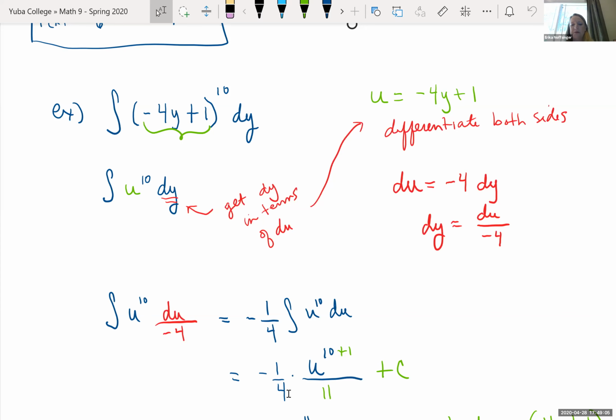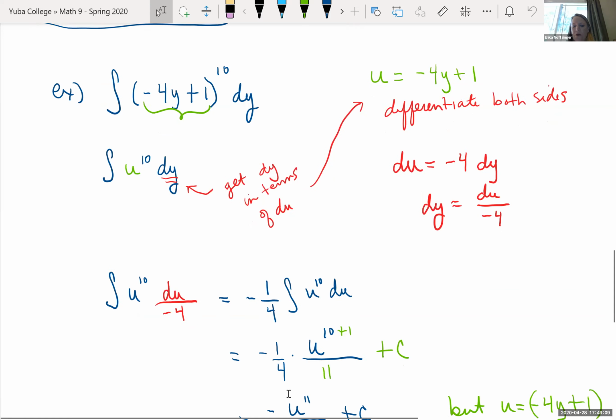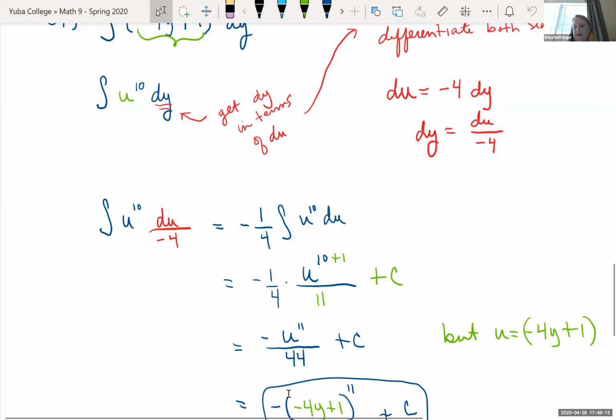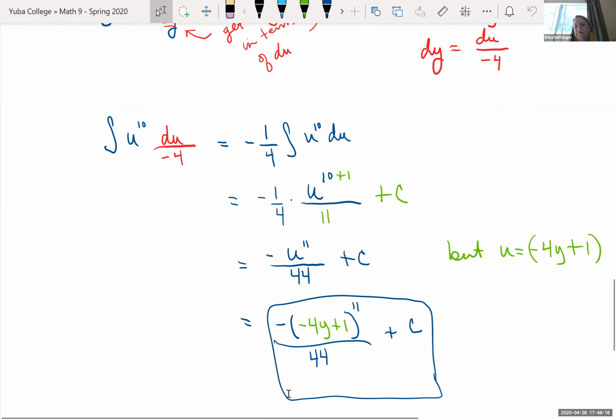Go back and do your substitution, plug in -4y plus 1 wherever you see u in that expression. And we get the following: negative, parentheses, -4y plus 1, all raised to the 11th, all divided by 44, plus some constant c.